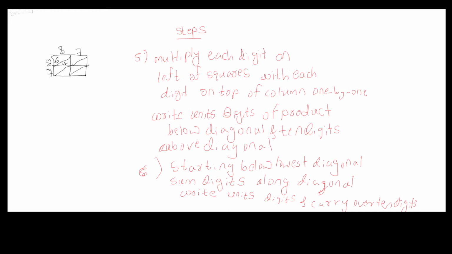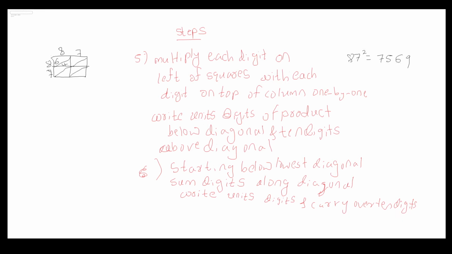And again the required digits for 87 squared are 7569. Next, I'll write it a little bit bigger.